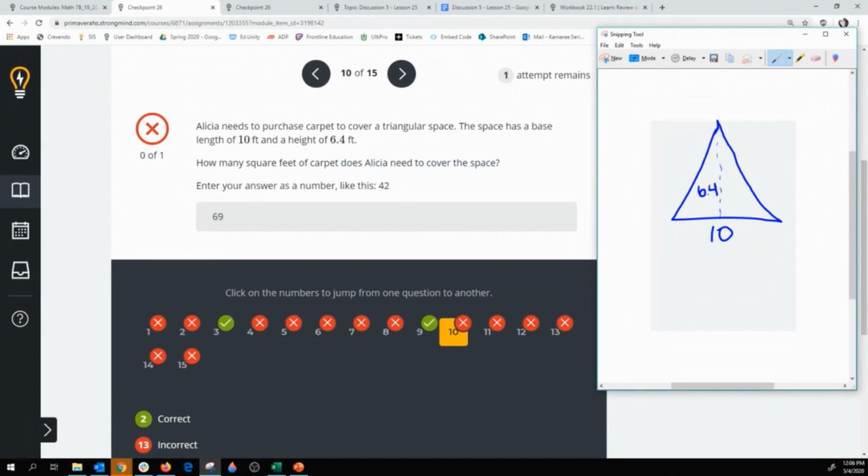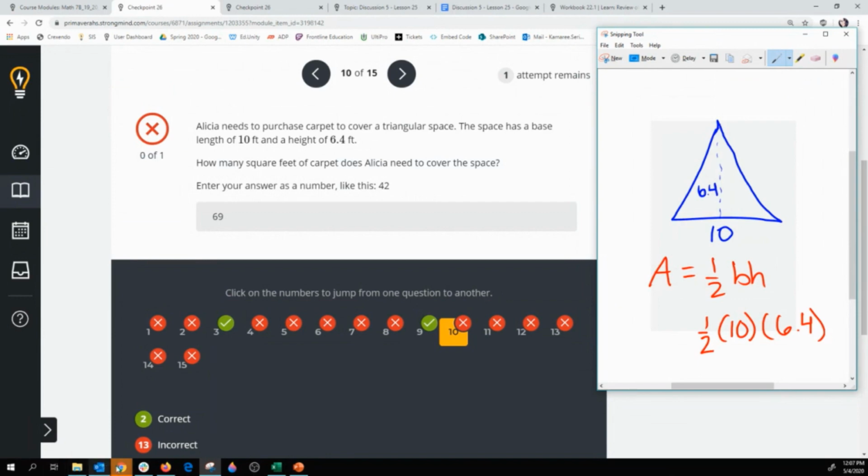So on this one, you were actually almost close. I think I could kind of see what you were doing. So remember that when we are finding area, we should know our formula. Area is 1/2 base times height for a triangle. So I would have 1/2 times my base, which is 10, times my height, which is 6.4.